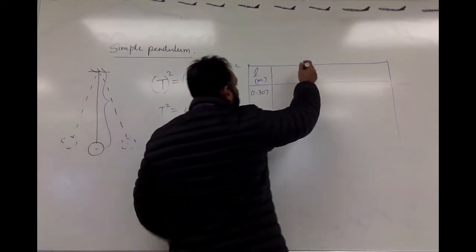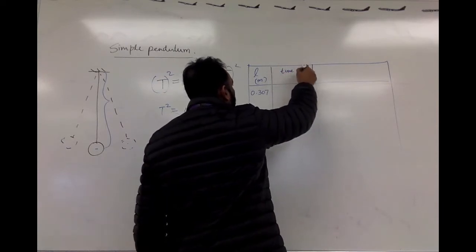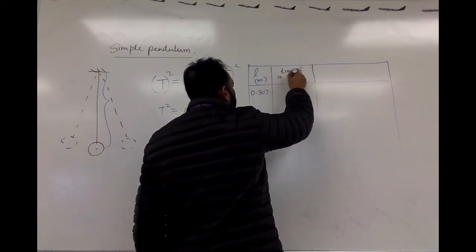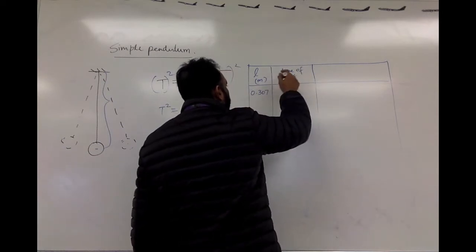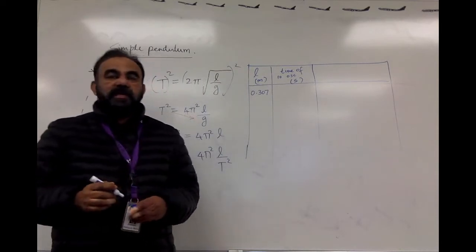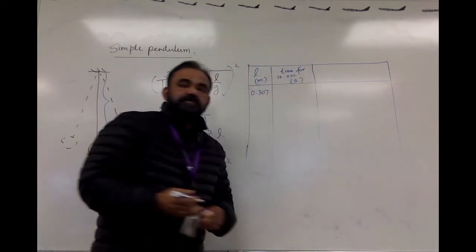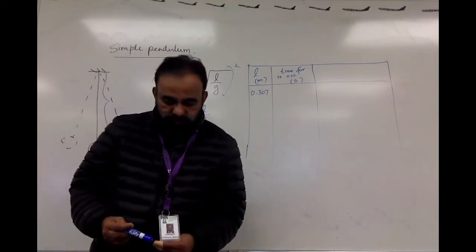The next column is for time of 10 oscillations, and again it's measured in seconds. Time for 10 oscillations. Why 10 oscillations?